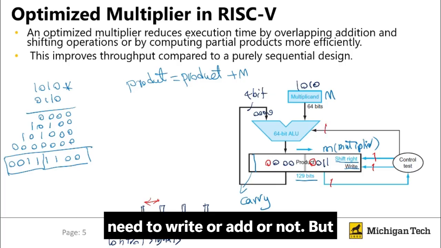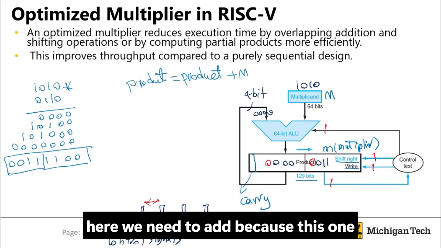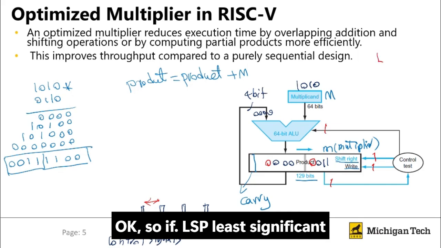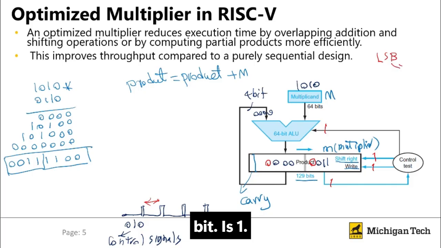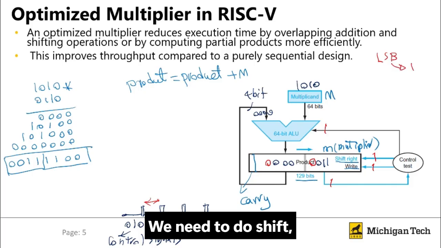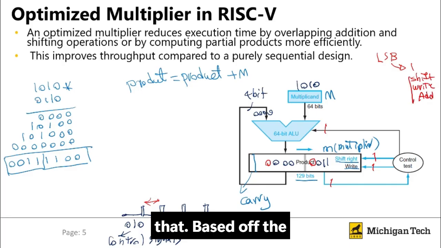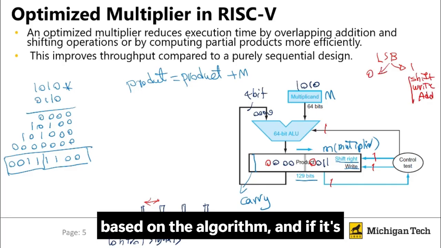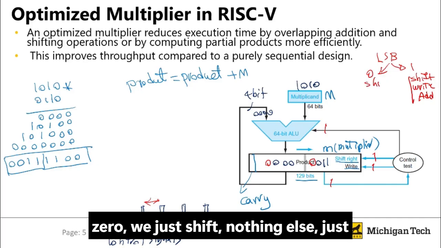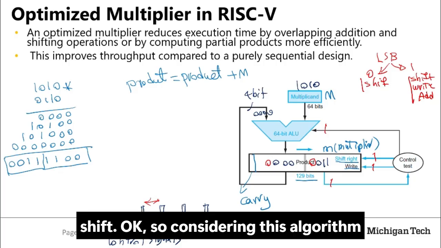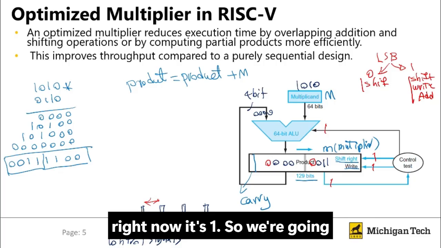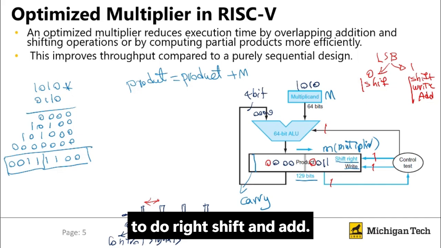But here we need to add because it's one. So if the LSB, least significant bit, is one, we need to shift, write, and add based on the algorithm. And if it's zero, we just shift, nothing else. Considering this algorithm right now, it's one, so we're going to do write, shift, and add.